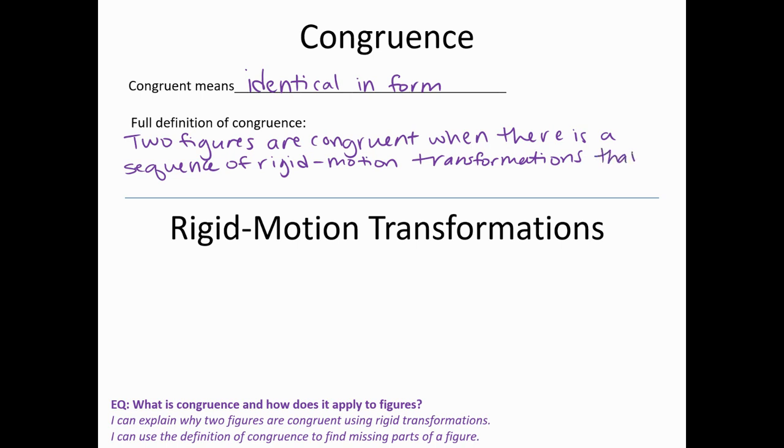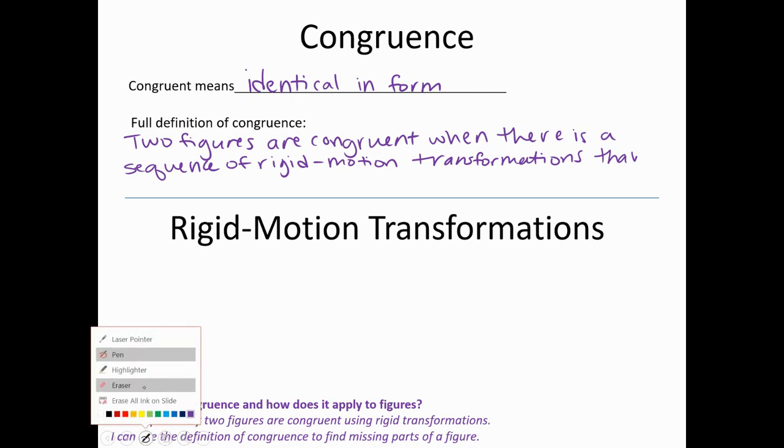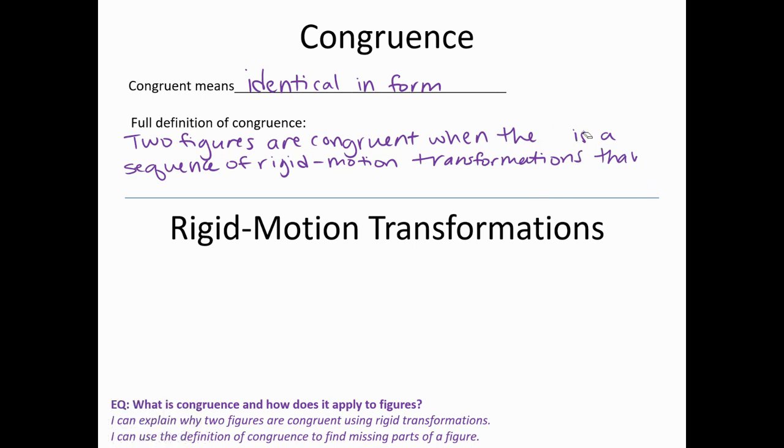that move one figure onto the other. All right, so again, two figures are congruent when there is a sequence of rigid motion transformations that move one figure onto the other.